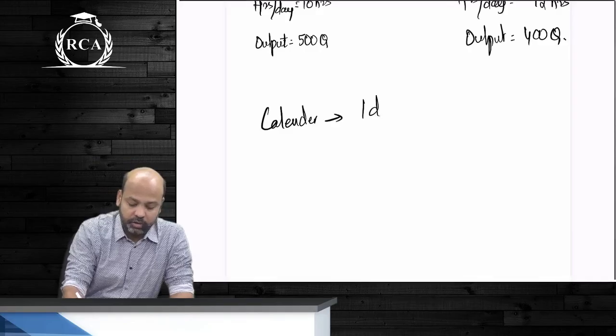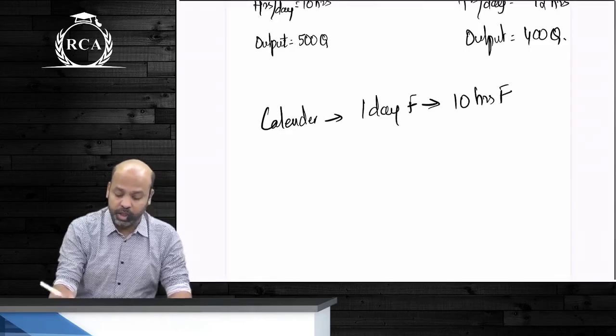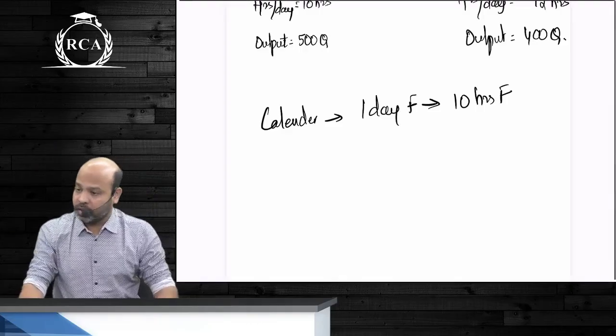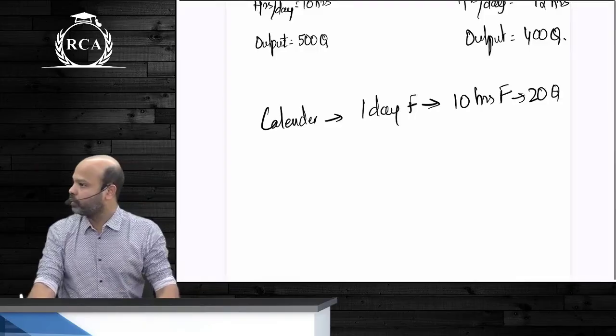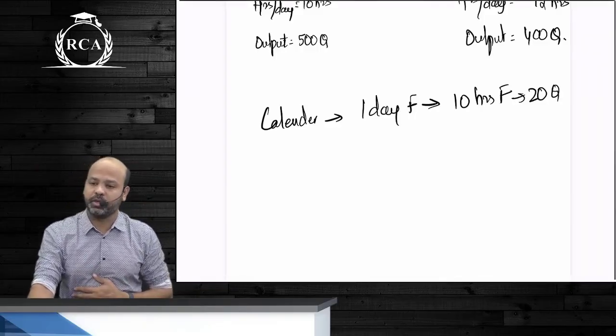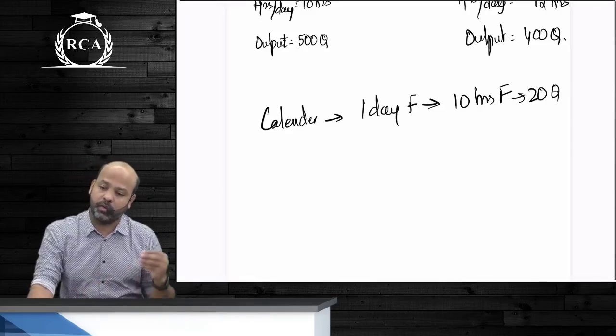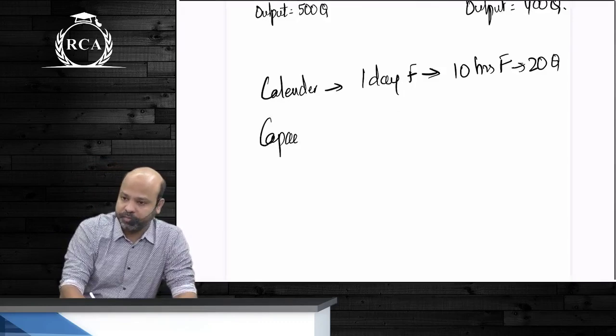Yes or no? 1 day favorable beta is 20 questions favorable. Or 10 hours favorable. Shouldn't you be working for 10 extra hours? 10 hours favorable beta should be giving me how many questions? Are you all following? If you're working for 1 extra day as such beta, your output should have increased by 20 questions.